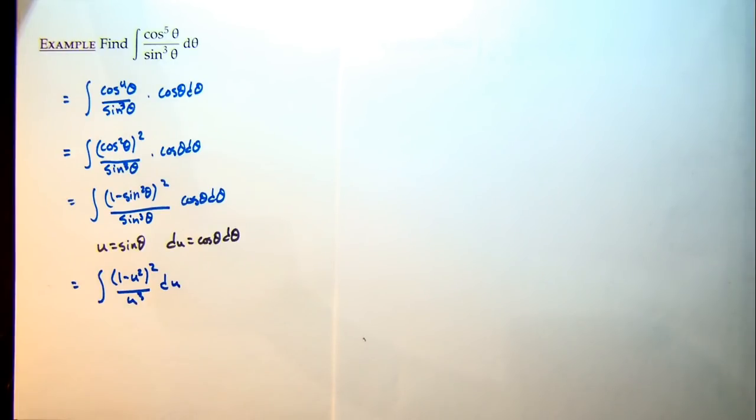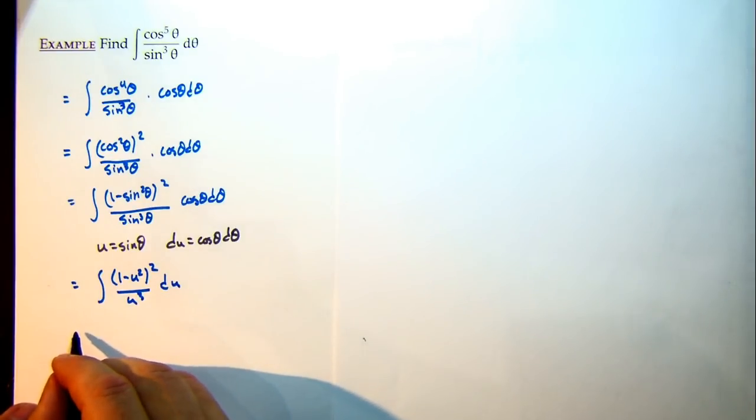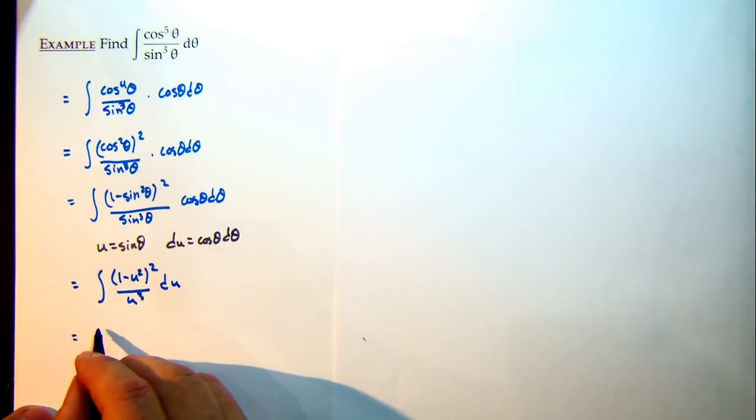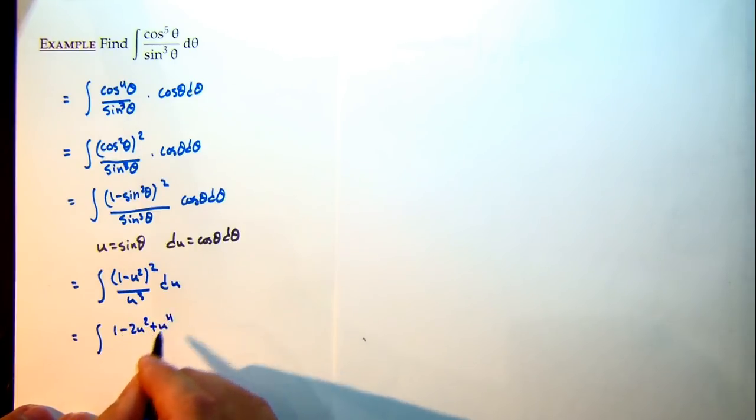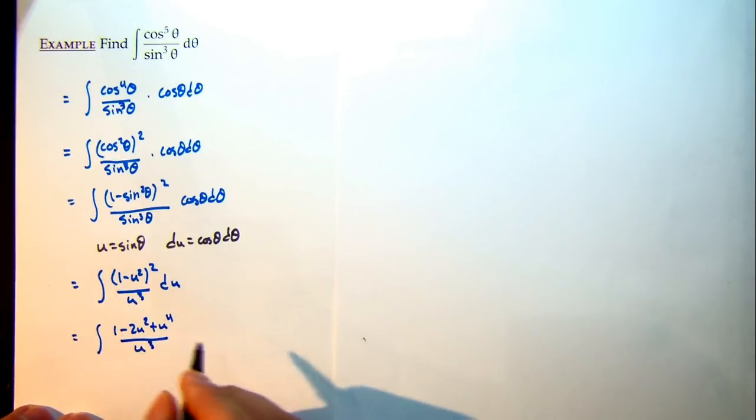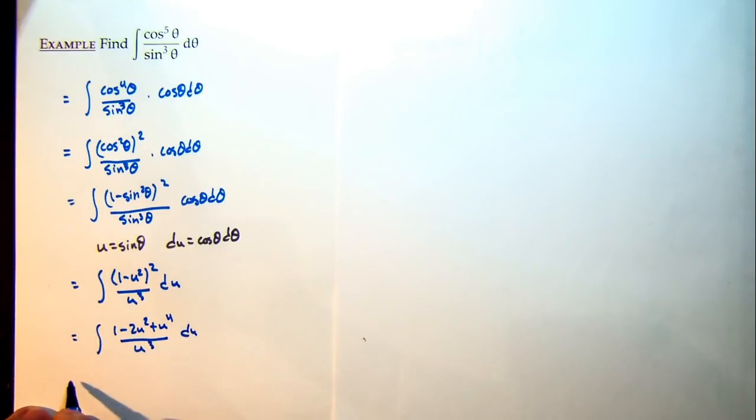And we're like, oh, this is partial fractions. But hold on, do we really need partial fractions? Because we don't need to break up the denominator. It's all u cubed. So what should we do? Well, let's expand upstairs: 1 minus 2u squared plus u to the fourth over u cubed, which is 1 over u cubed, minus 2 over u, plus u.